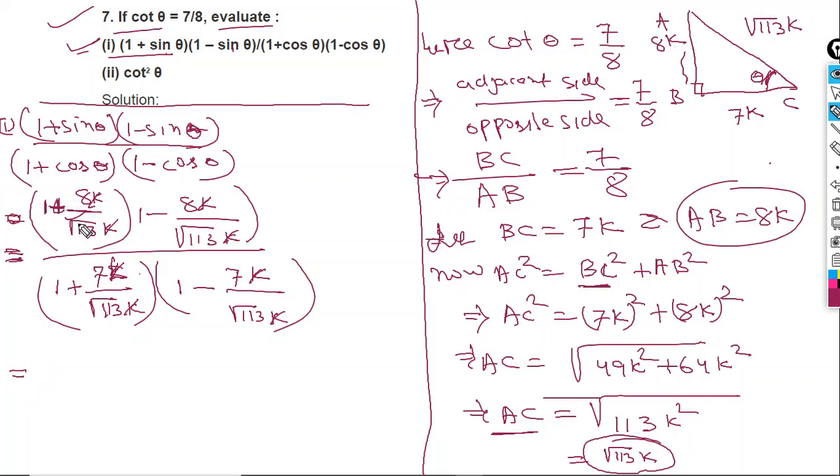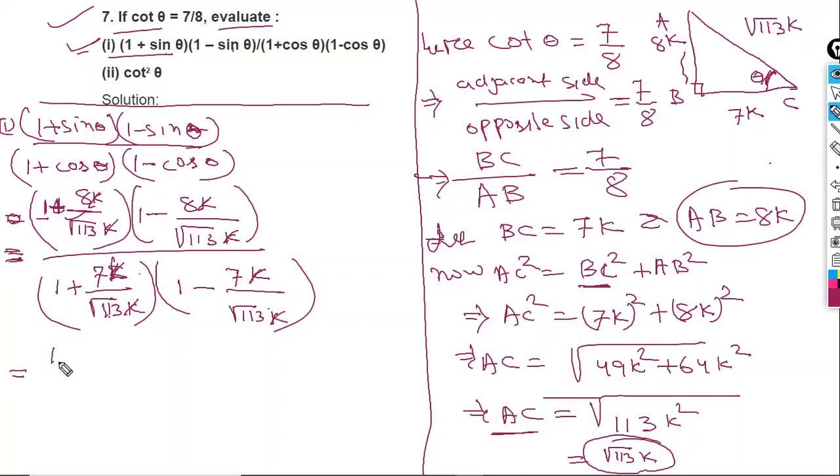Now it will be equal to 1 plus 8 by root 113, and here into 1 minus 8 by root 113. So you see, if we take 1 as a and 8 by root 113 as b, then it will be a plus b whole into a minus b. Similarly, it will be a plus b whole into a minus b. So we'll write the formula a square minus b square in this case.